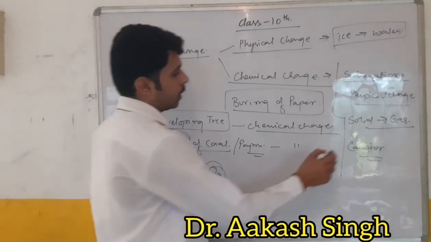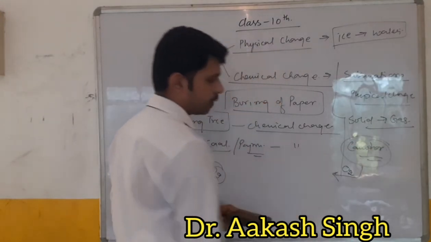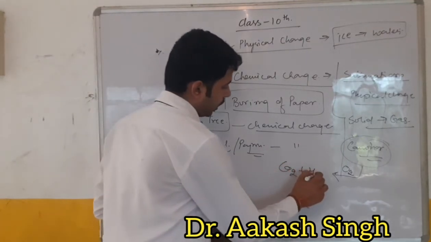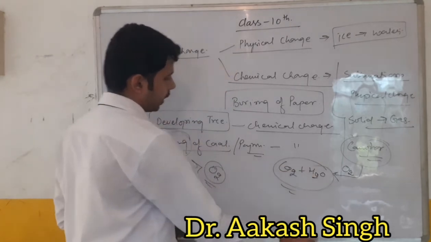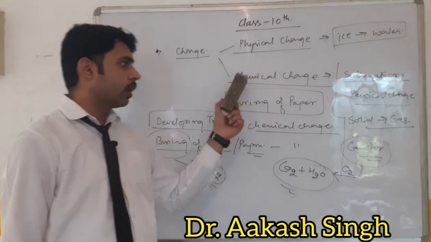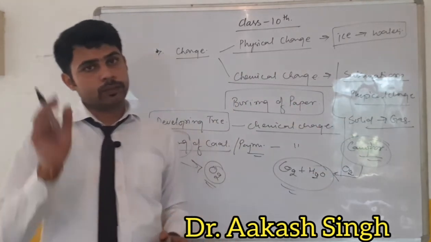But if we burn this camphor in presence of oxygen, then it forms CO2 and H2O only, and we cannot reverse the reaction. Then burning of camphor is a chemical change, but sublimation of camphor is a physical change.